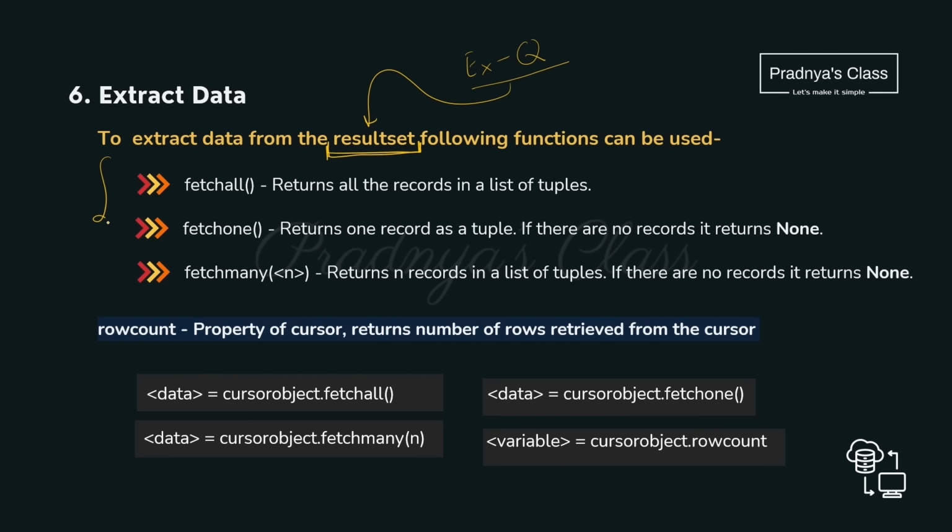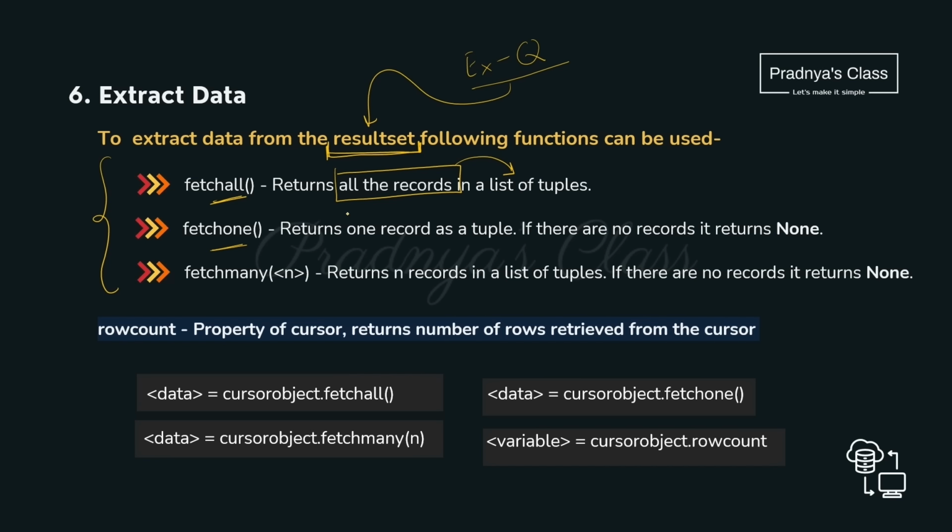Now there is a category of fetch functions which will decide how many records you want: all the records or limited records. In that category, the first is fetchall. It will fetch all the records, that too in the form of a list of tuples. But if you don't want all the records, there is an option of fetchone.